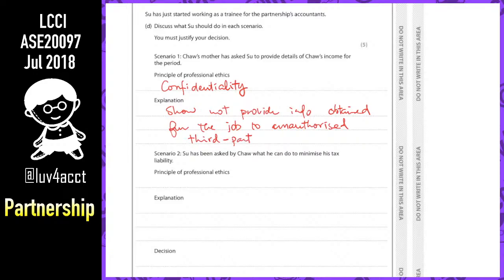Because no information should be disclosed to anyone, any third party. But then there are some unauthorized third parties. They do not need to know, they have no right to know about the inside information of the business.